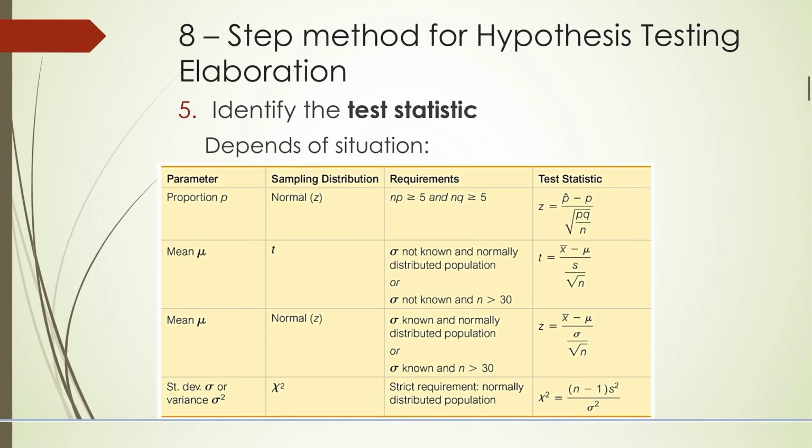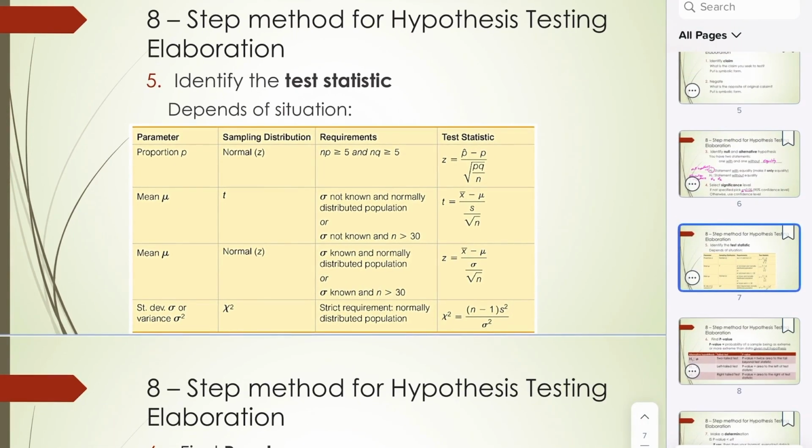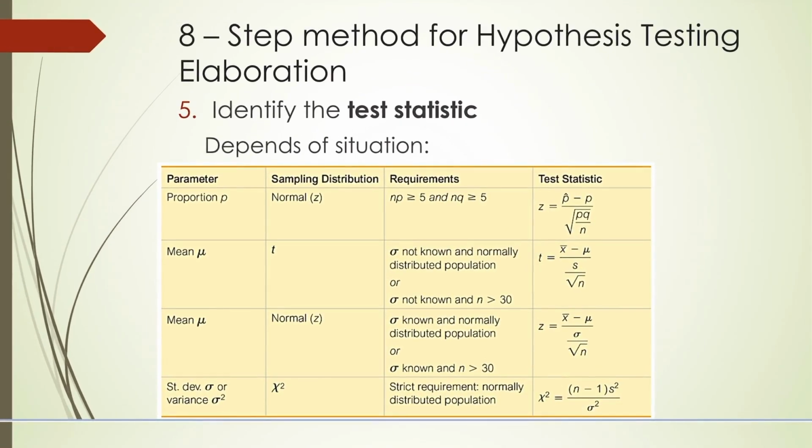Step 5, identify the test statistic. Now this is another slide I'd very much like to bookmark, because look at all this information it has on it. If your parameter that you're making a statement about is a proportion, use this formula for your test statistic.